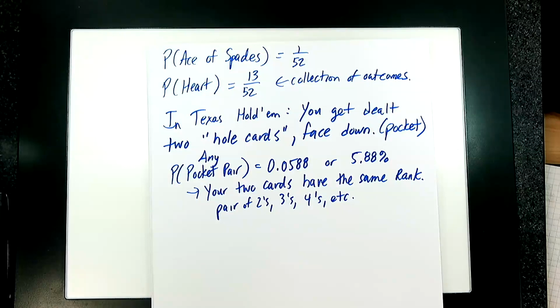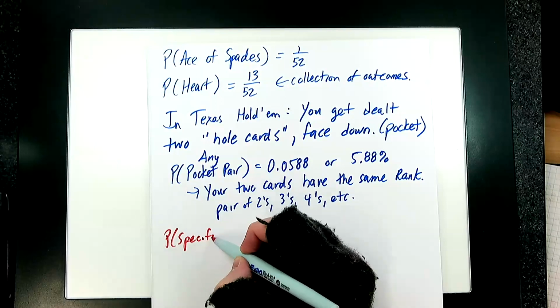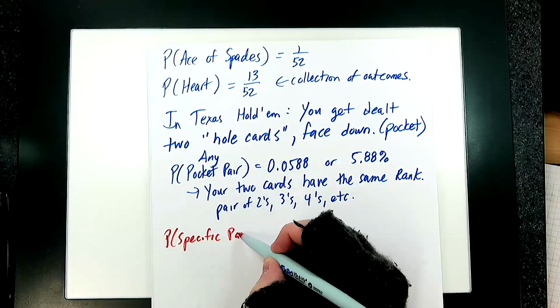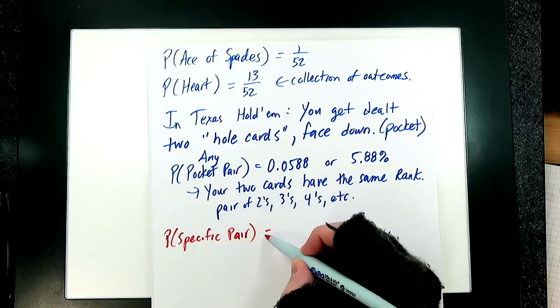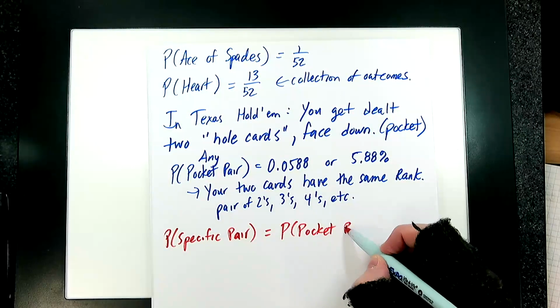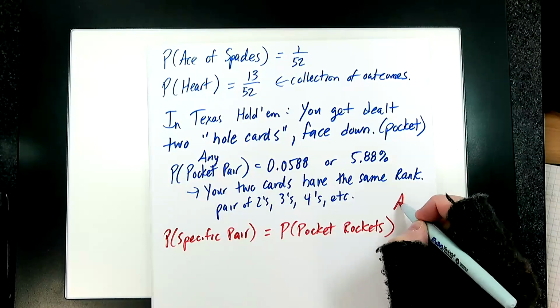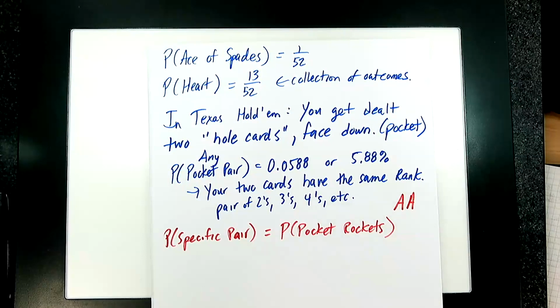The probability of a specific pair. I'm going to use some fun terminology. They're called pocket rockets because aces look like that. Getting ace, ace looks like you got 2 rockets in your pocket. Pocket rockets, getting a pair of aces face down.